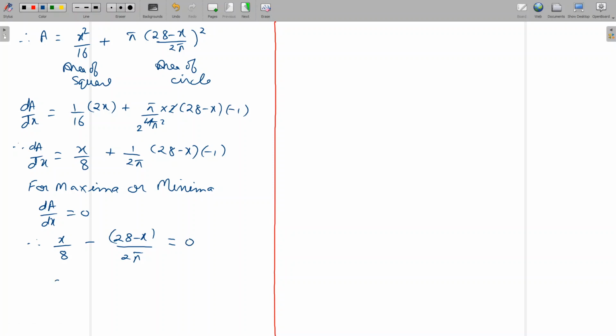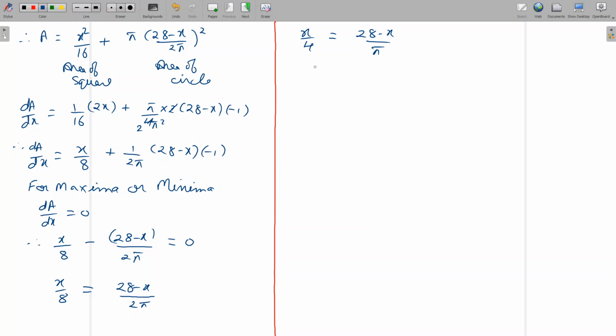Simplifying, x by 8 equals 28 minus x over 2 pi. Multiplying both sides by 2, we get x by 4 equal to 28 minus x over pi.